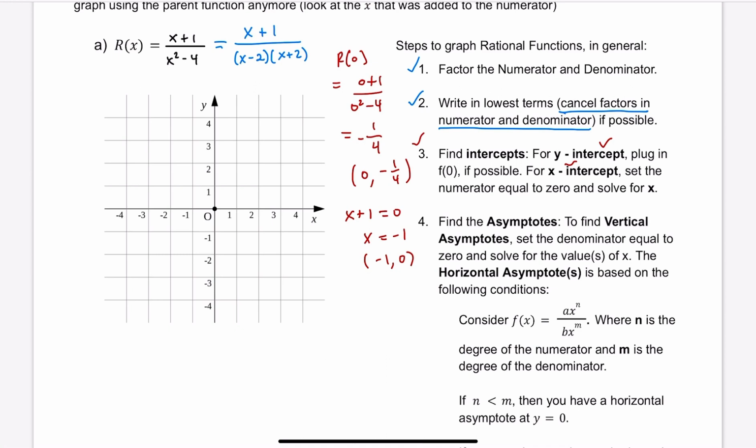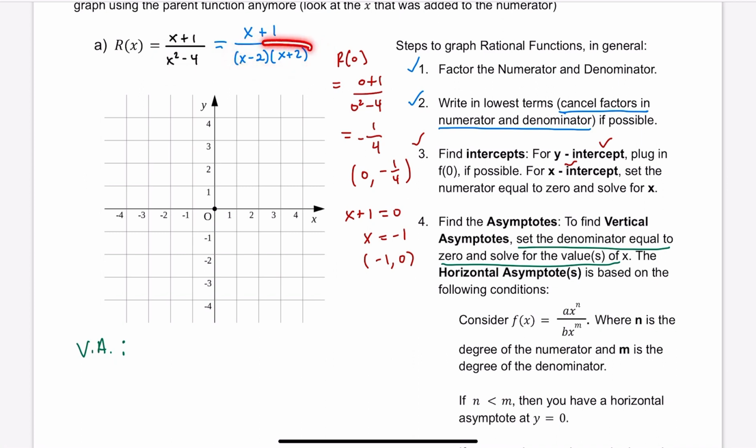So vertical asymptotes is set the denominator equal to 0 and then solve for the x values, right? So I'm going to start down here. So vertical asymptotes, and then we're going to just follow the instructions. Set the denominator equal to 0. So there's two ways of doing it. You could set this denominator equal to 0 or this one.